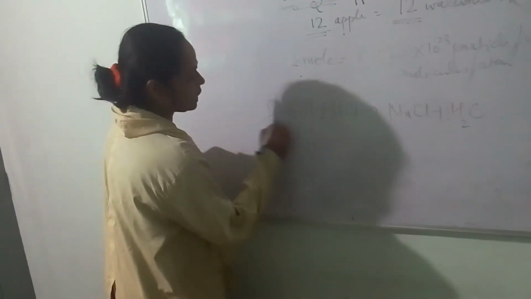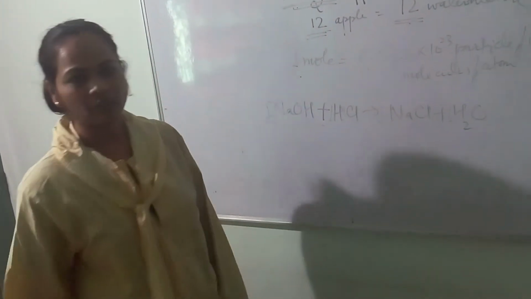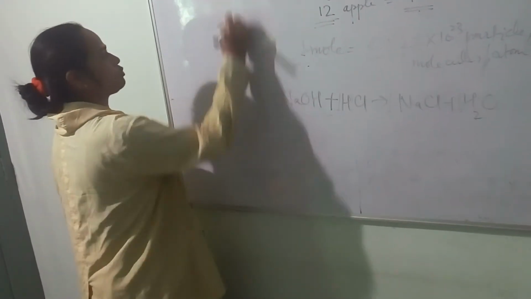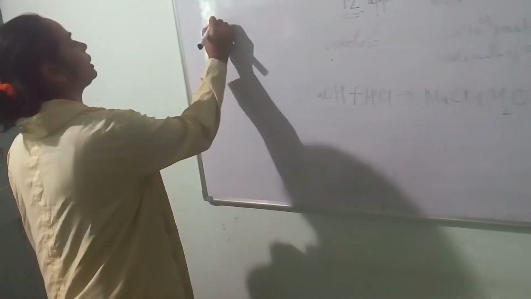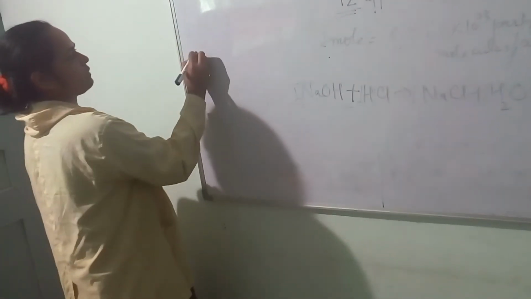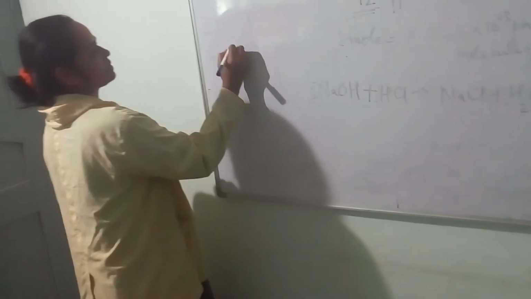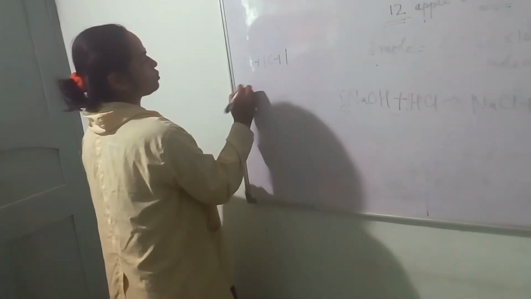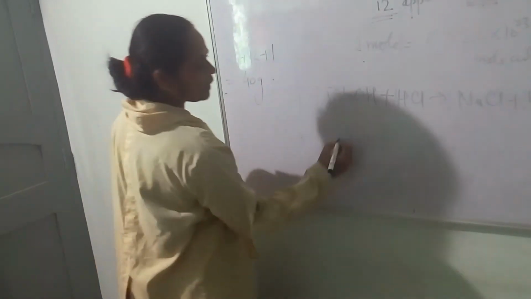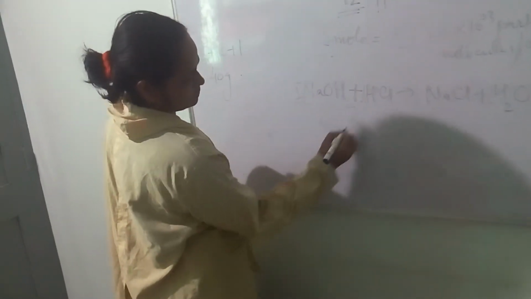Now see, calculating the molecular weight of NaOH, roughly: Na is 23, O is 16, and H is 1, so it comes to around 40 grams. So 1 mole of NaOH weighs 40 grams.